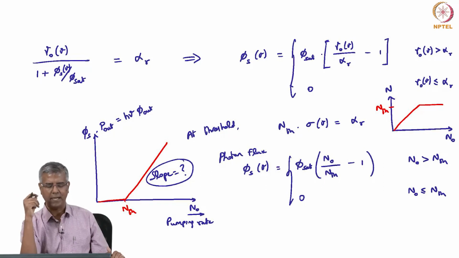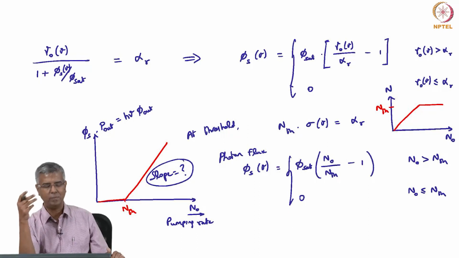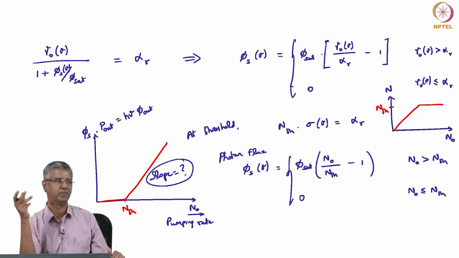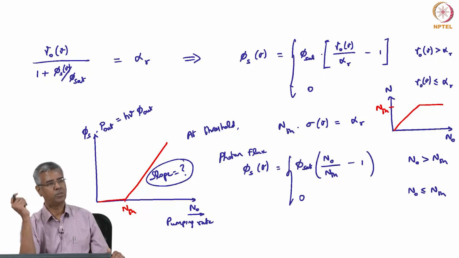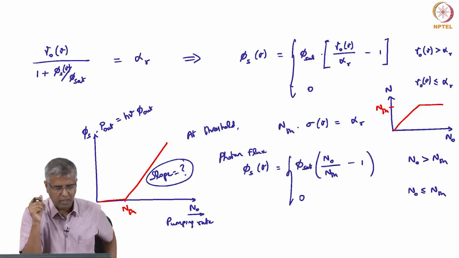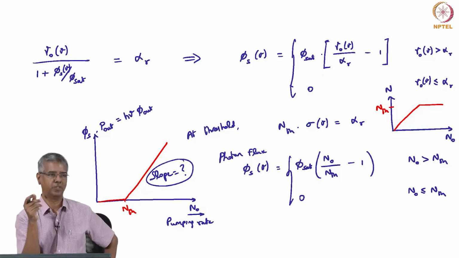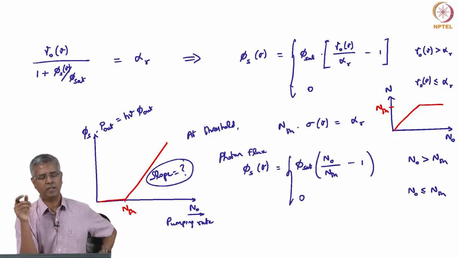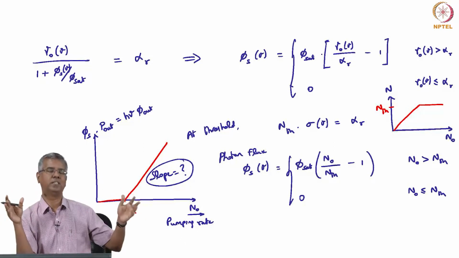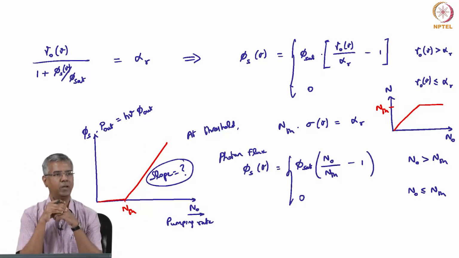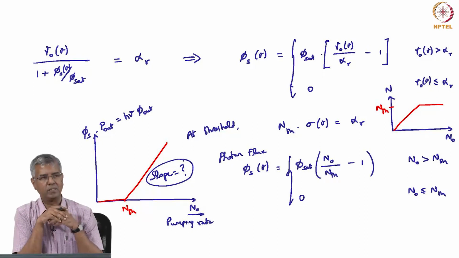To give you an idea, the wall plug efficiency of semiconductor lasers can be as much as 50%. Whereas, you need to think about a gas laser, some of the earlier gas lasers like the argon ion laser, the wall plug efficiency is a fraction of a percent, because there you are trying to set up a discharge, and so you are spending a lot of electrical energy in setting up the discharge.